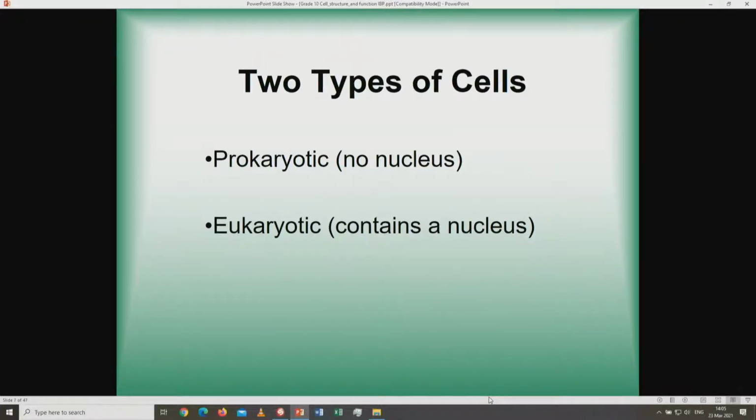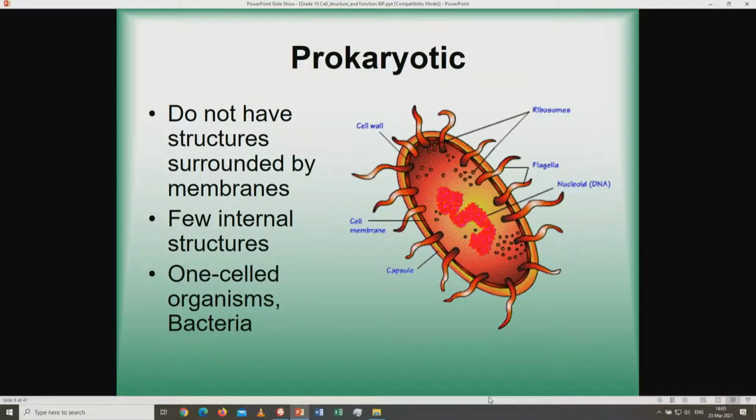Then if we move on, we get two types of cells, prokaryotic and eukaryotic. The prokaryotic has no nucleus, whereas the eukaryotic contains a nucleus. That is one of the primary differences between a prokaryotic and eukaryotic cell. Prokaryotes do not have structures surrounded by a membrane, not at all.